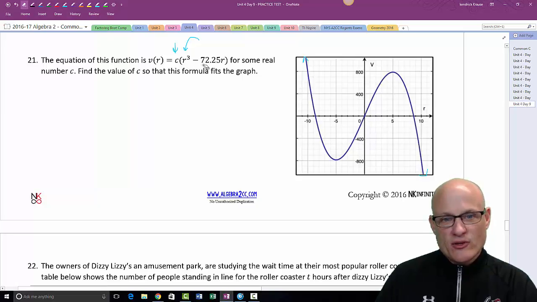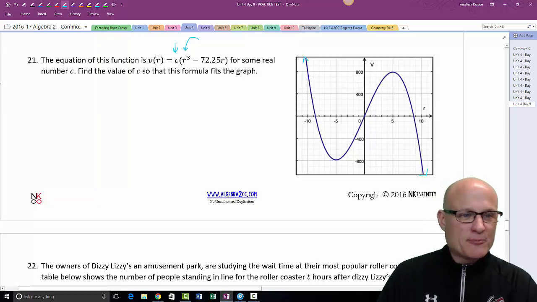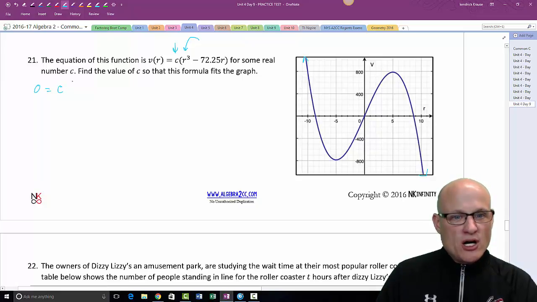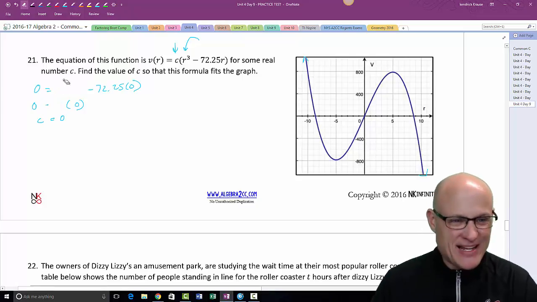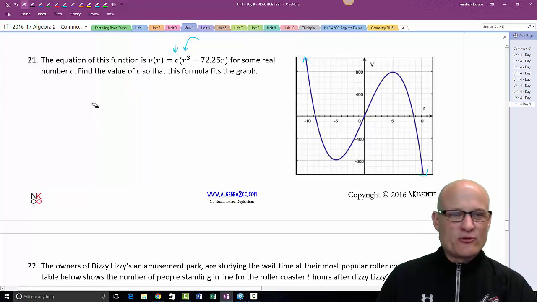Because if I plug in 0, this whole thing goes to 0. So I plug in 0 for r, I get 0 cubed minus 72.25 times 0. So I get 0 equals c times 0, and I get 0 equals 0. But that doesn't tell me what c is. So that really isn't a very useful point.